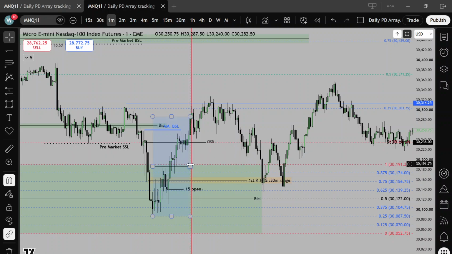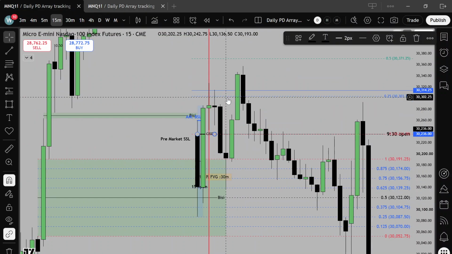It may only need to go just low enough, since we failed to get below consequent encroachment of this 15-minute BC, then we may draw down into the upper quadrant of that BC on a higher time frame perspective, which we do right here to rally up towards the consequent encroachment of that.